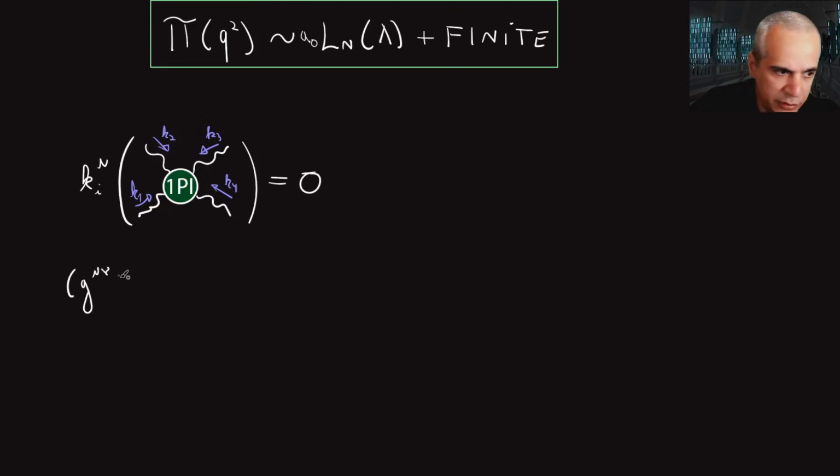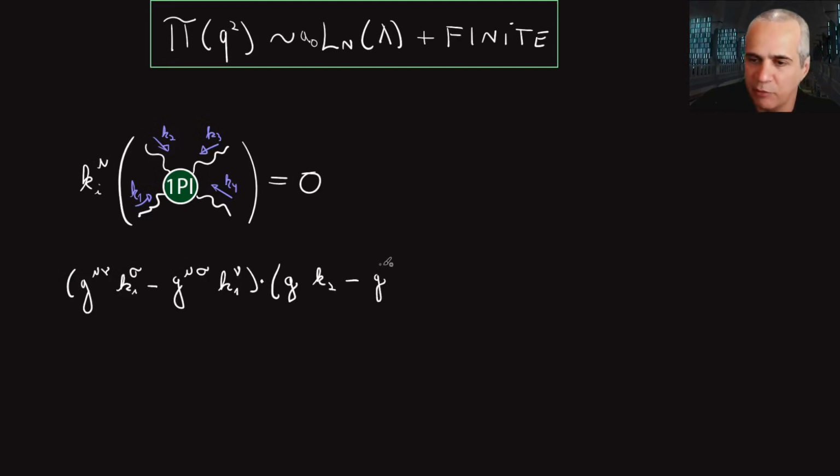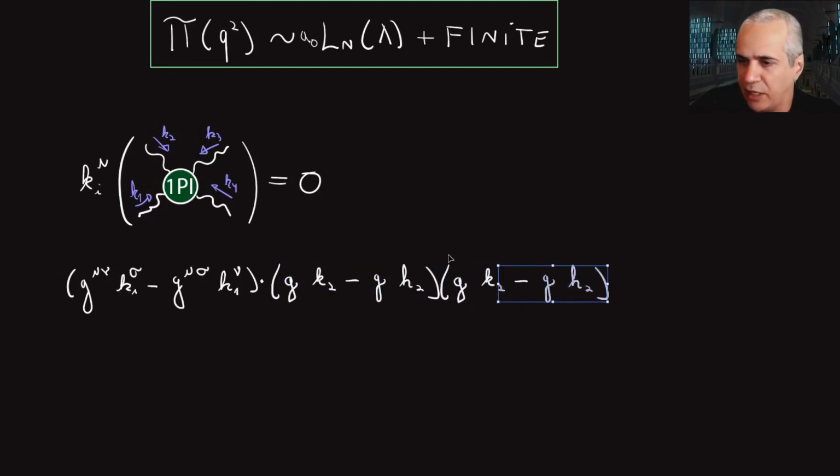G mu sigma K1 minus G mu K1 sigma, contracted with something similar for K2, so G some indexes K2 minus G some other combinations of index K2, and the same for K3 and K4.